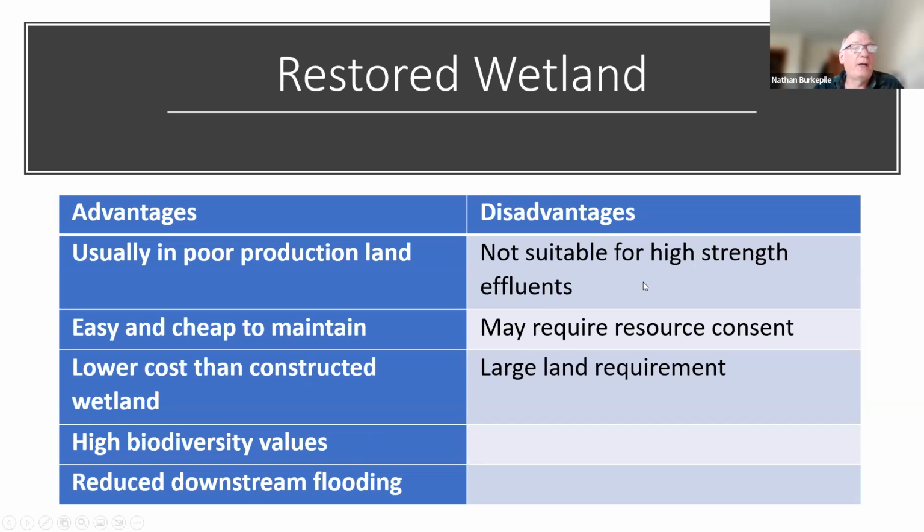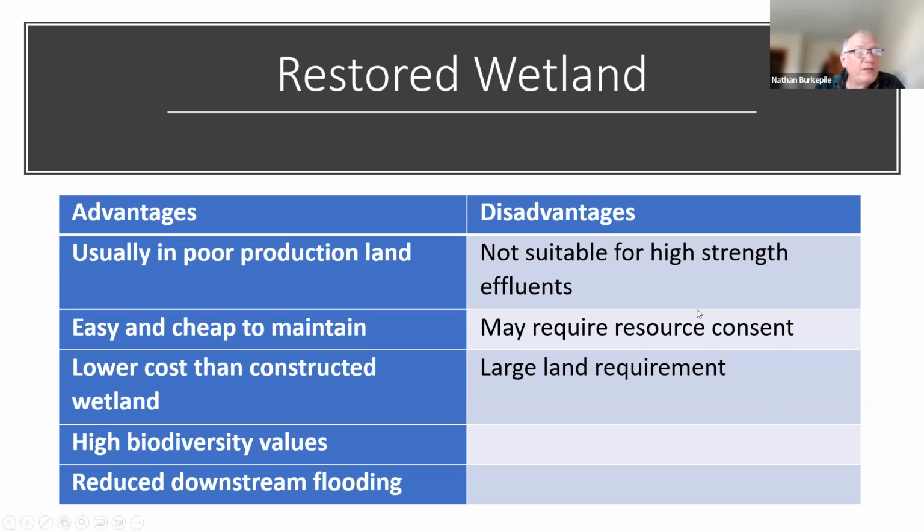Again, they're not suitable for high strength effluents. You can't put high strength effluents down, but if you have nutrient runoff off paddocks, it will help reduce those. To restore a wetland, most times it will require a resource consent, because some of those restored wetlands are still considered a wetland. Sometimes, if they have more than 50% pasture grass, they don't fall under the wetland category.